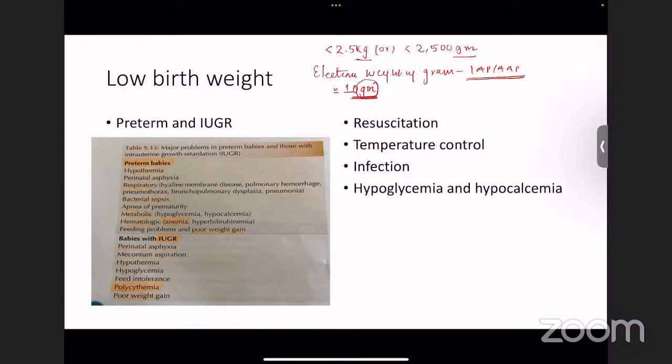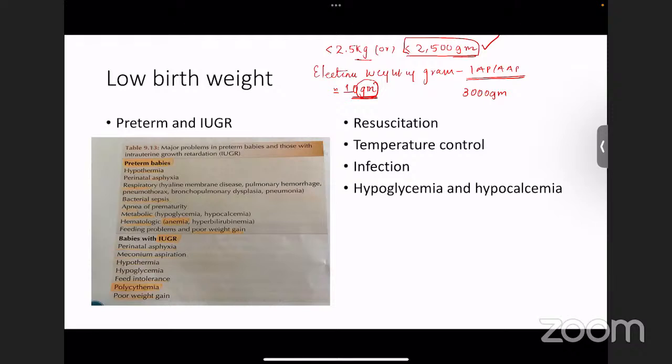Whenever an examiner asks about the birth weight, always tell it in grams, 2,500 grams, 3,000 grams. This is the correct way of telling the weight of the baby, not in kg, for any newborn below the age of 28 days. Unless the child crosses the age of 28 days, then you can use kg. Before that, always tell the weight in grams.